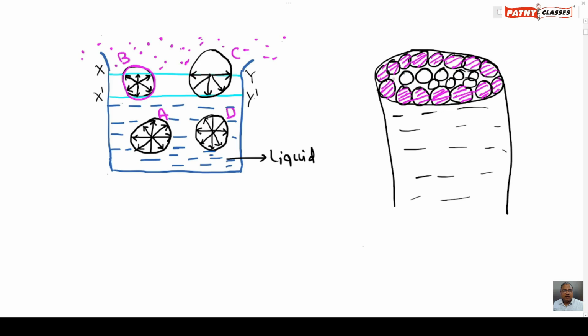So the molecules I have drawn here with shading are acted upon by two types of forces: the forces due to the liquid molecules and the forces due to the material from which this container is made. The container is made either of glass or some other material. So they are attracted by the molecules of that material, so they do not easily go down. They are not going down because they are not pulled out easily by the liquid molecules.